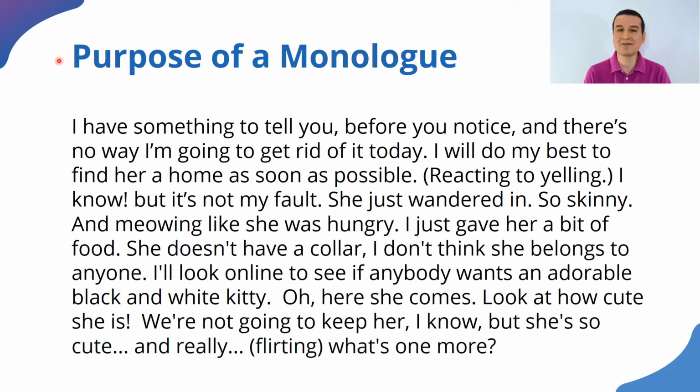We don't really know if he's going to agree, but that is how she portrayed her situation and expressed her opinion about what they should do about the cat, which is finally to let her keep that cat. All right? So depending on the purpose that we have for a monologue, we are going to structure it in such a way that it serves our purpose.